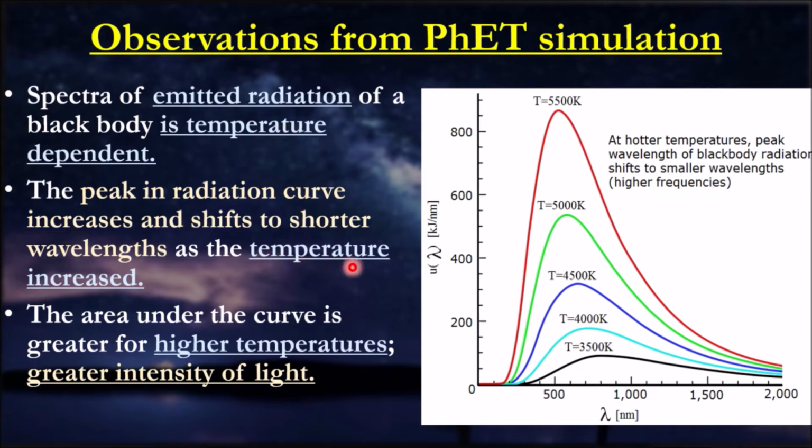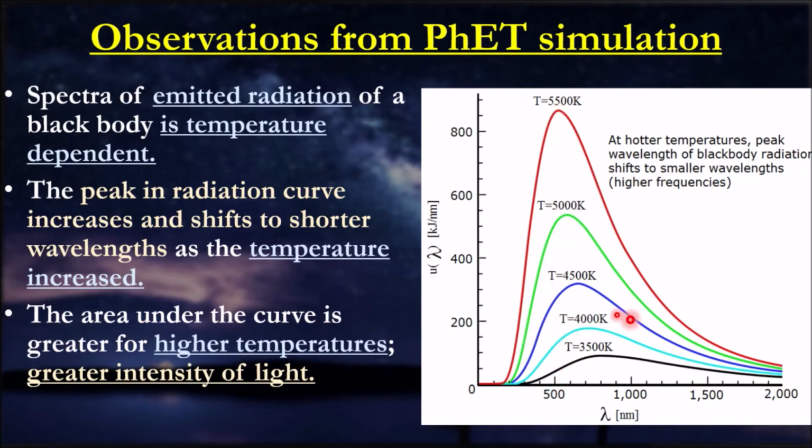As we increase the surface temperature of the object, the peak wavelength becomes smaller. So what we see here, these little peaks, represent the most abundant wavelength of light that is being produced by the hot object.